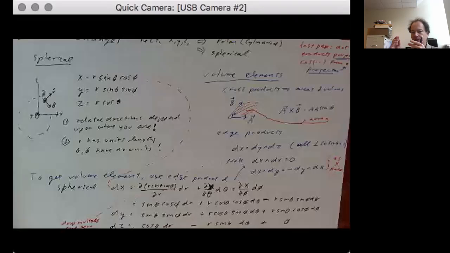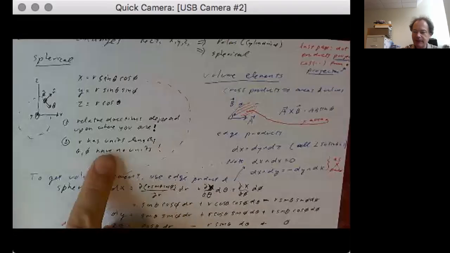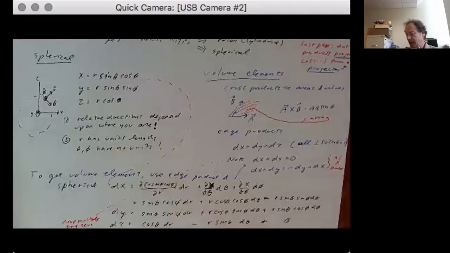What does the gradient look like? What does the divergence look like? What does the curl look like? And that's when these ideas I pointed up here, some things you have to worry about, really start coming into play. So let's just begin.